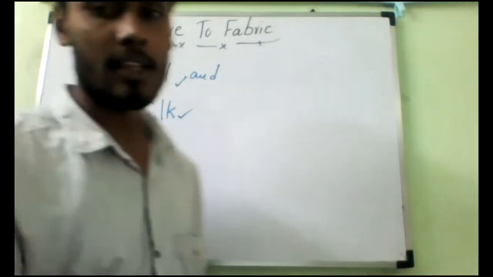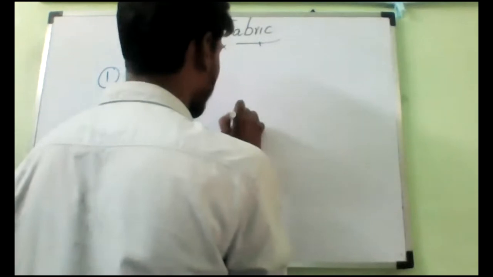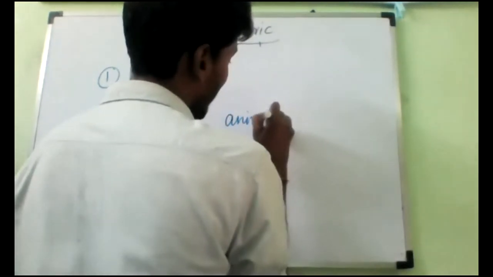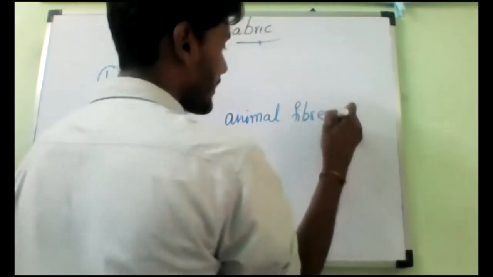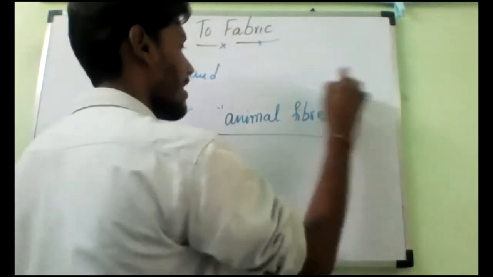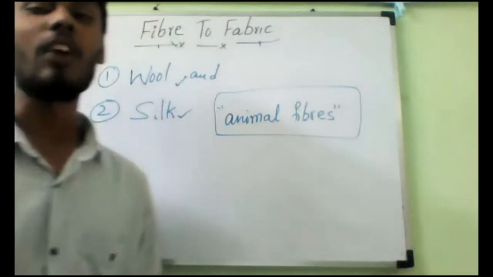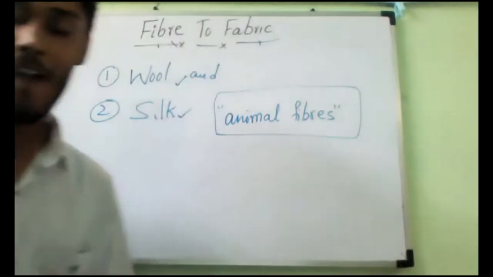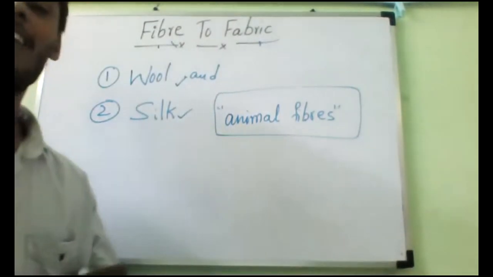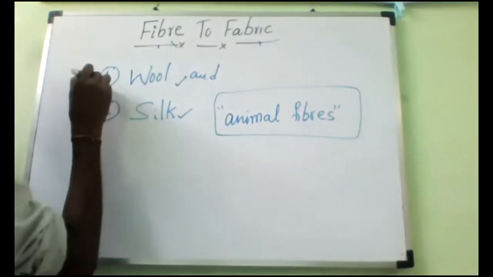Now here the question arises: what are animal fibers? From animals we are getting these fibers. The fibers which are obtained from animals are called animal fibers.